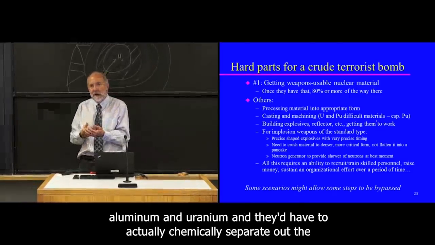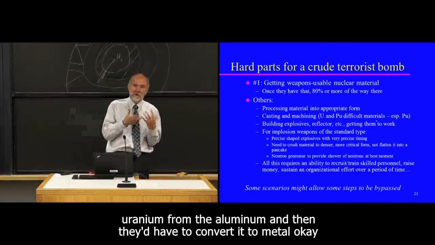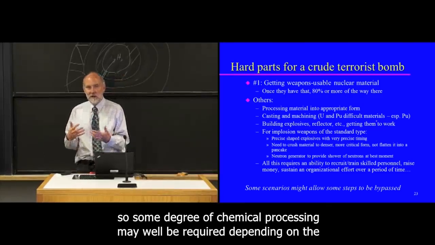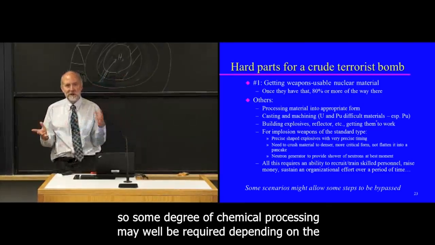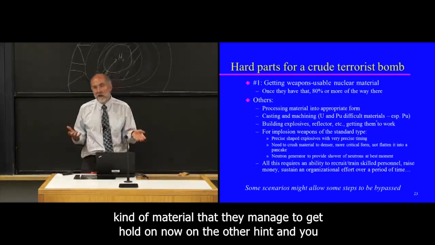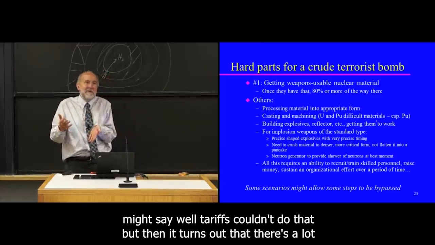And they'd have to actually chemically separate out the uranium from the aluminum, and then they'd have to convert it to metal. Okay, so some degree of chemical processing may well be required depending on the kind of material that they manage to get hold of.